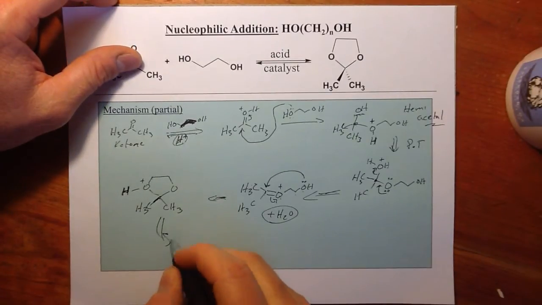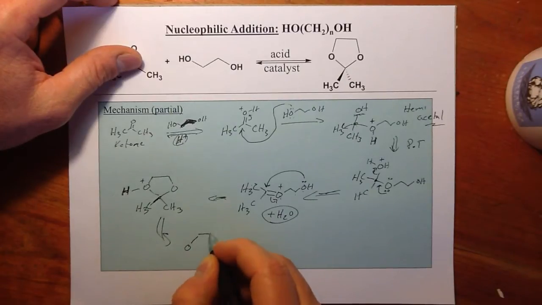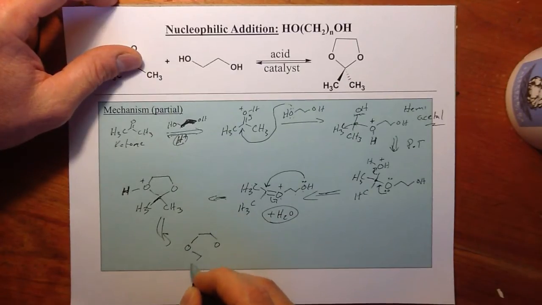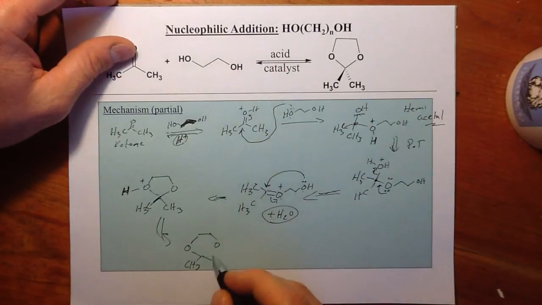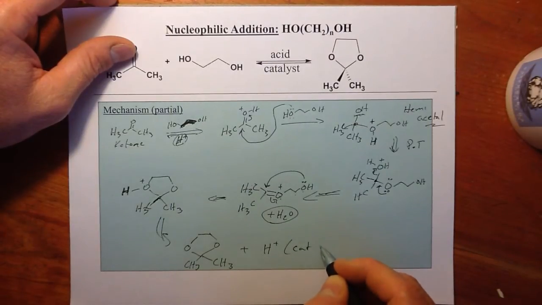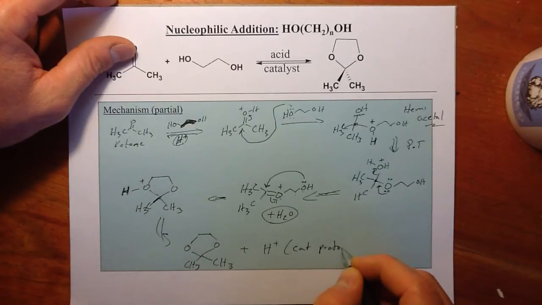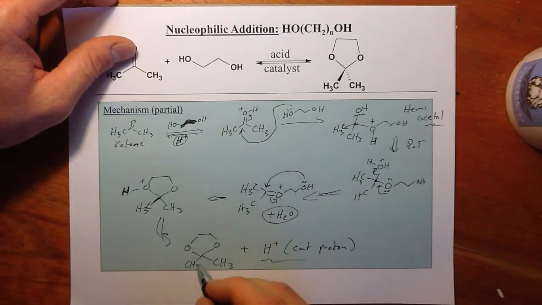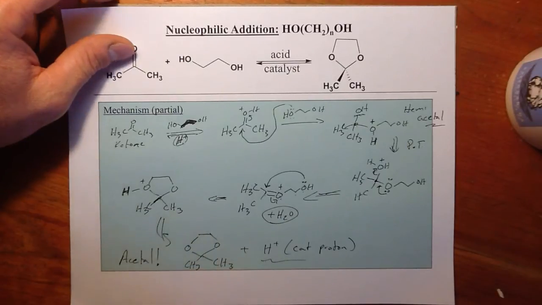So if we lose that proton, you say, well, who do you lose it to? Just wherever it was in the beginning, the aqueous solution, catalytic proton. We're going to give that back to solution, and we now have the full acetal.